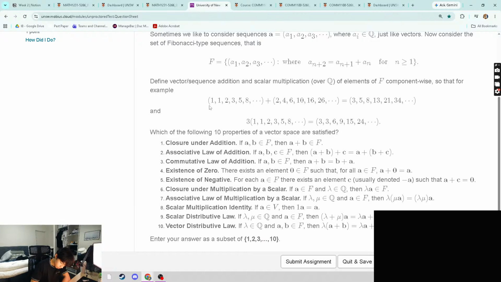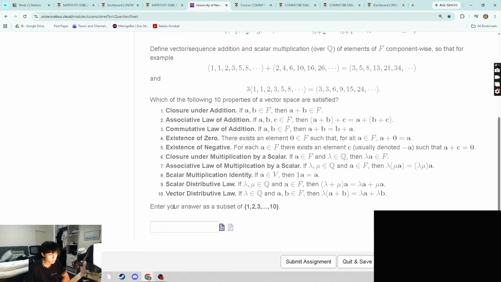Let's do like minus 1 equals 2 times 1, 2, 3, 5, 8 minus 1 times 1, 2, 3, 5, 8, which is equal to 1, 2, 3, 5, 8. So that works. And 10 looks like it works. So only 5 and 6 don't work. So the set is 1, 2, 3, 4, 7, 8, 9, 10.